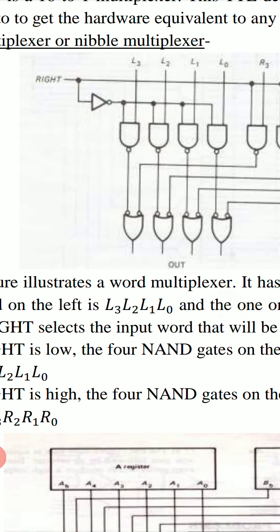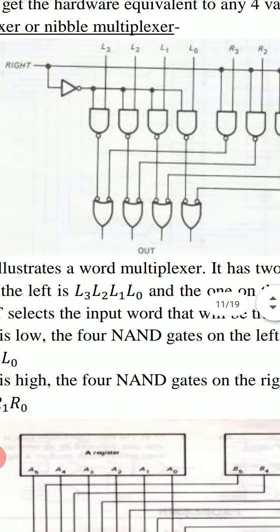A control signal, termed here as write, is used, and we use a NOT gate which produces the inverse of write. If write is 0, then this NOT gate will produce 1, and if write is 1, then this NOT gate will produce 0.